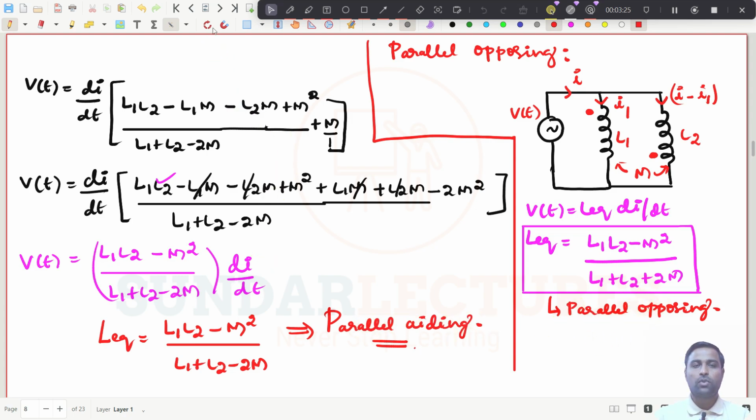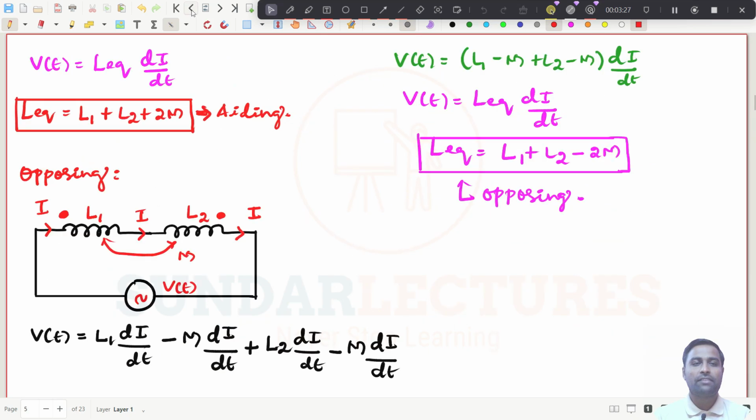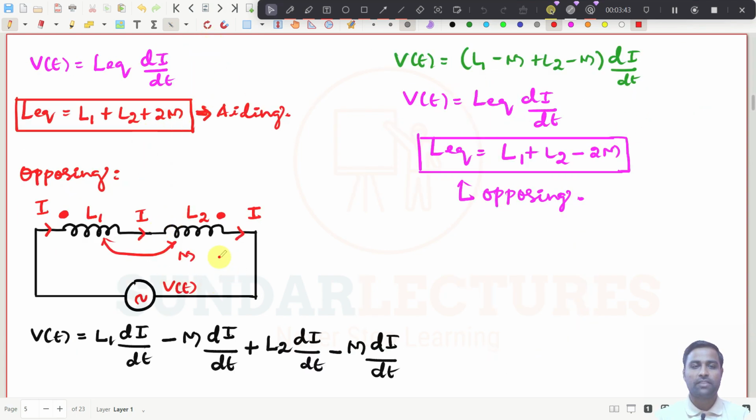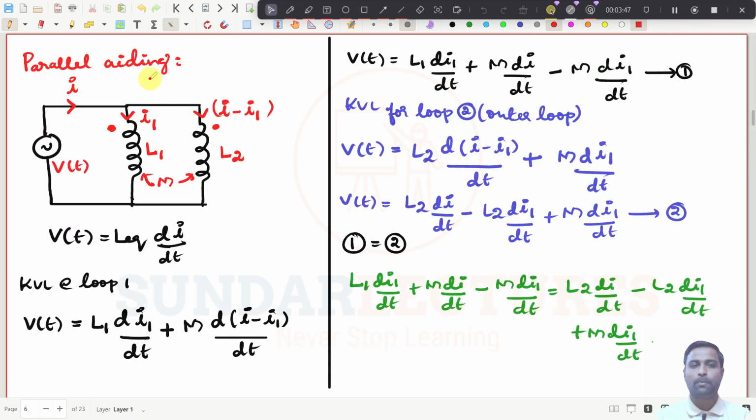So we have seen the topics of today. We have just taken the basics of coupled coils, right? We have gone through how to write the KVL expressions for coupled coils connected in series, first aiding, and the second, series opposing, and then we came to parallel.